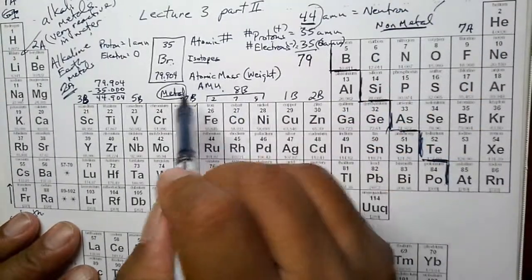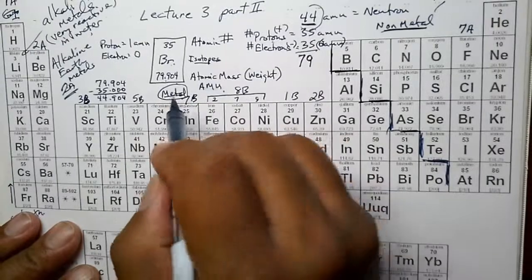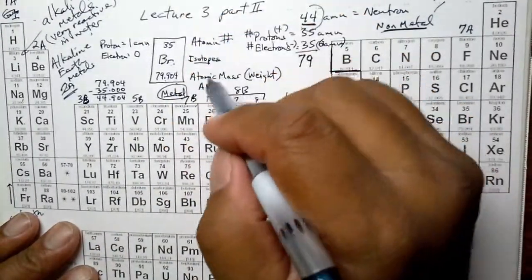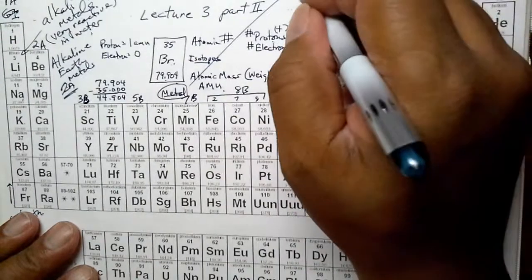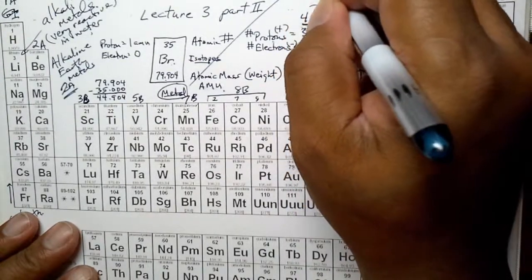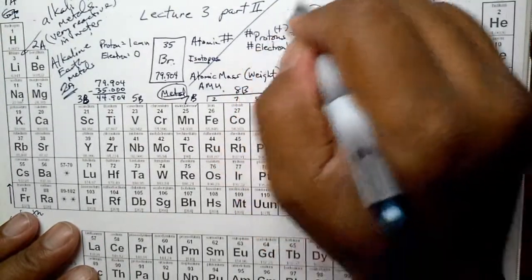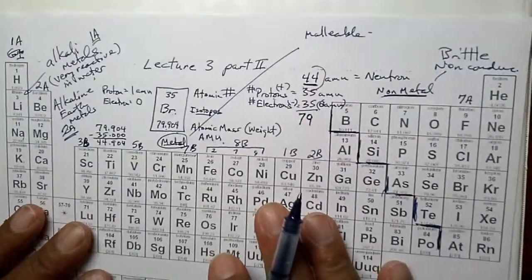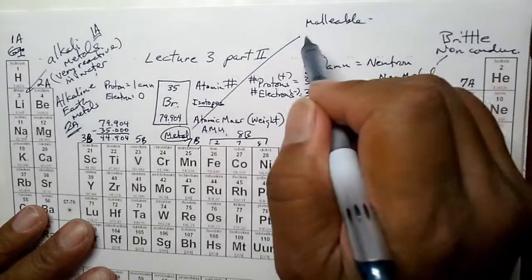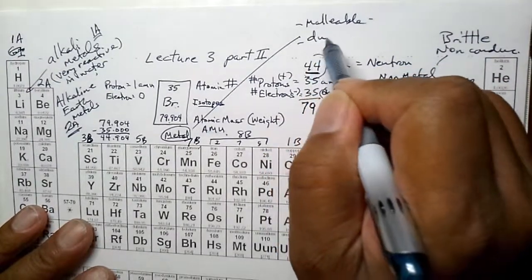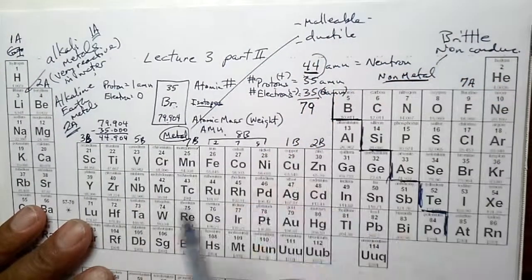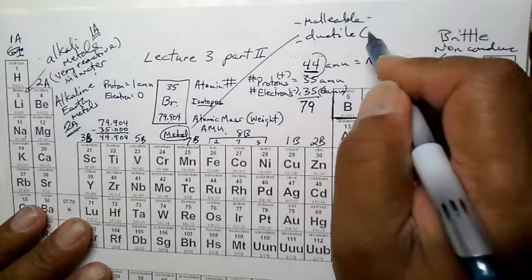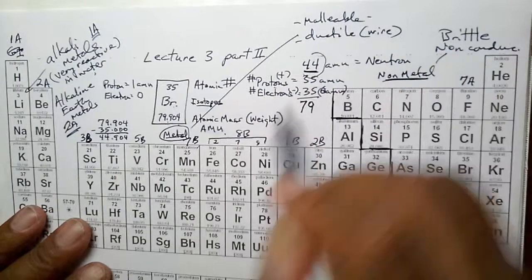Okay. Characteristics of metal. The metals tend to be, let's go up here, malleable. That is, they're able to bend easily. There it is. Malleable. And also ductile. These are two typical descriptions of the metal class. Ductile meaning that you can stretch them to wire.